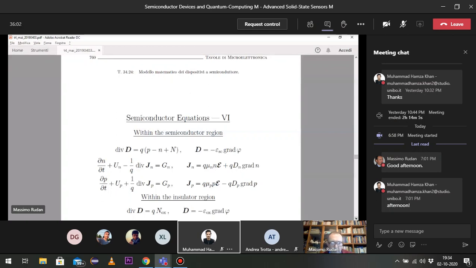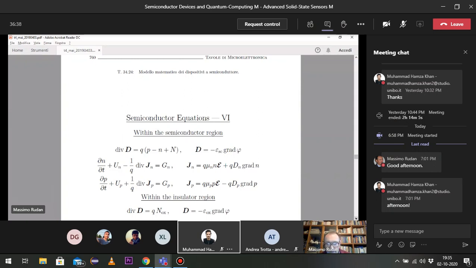For instance, in some types of memories, we inject a charge into the gate insulator of the MOS transistors. Anyhow, the Poisson equation for the insulator simplifies because we do not have electrons or holes in the insulators. We simply have possibly a fixed charge. And obviously we have to change the permittivity because in the insulator the permittivity is different than in the semiconductor.